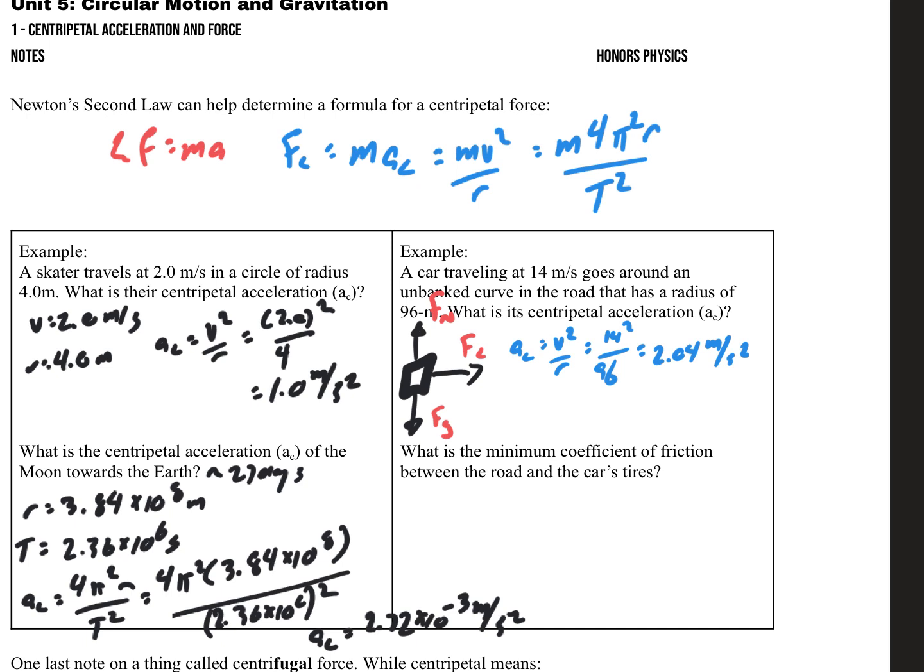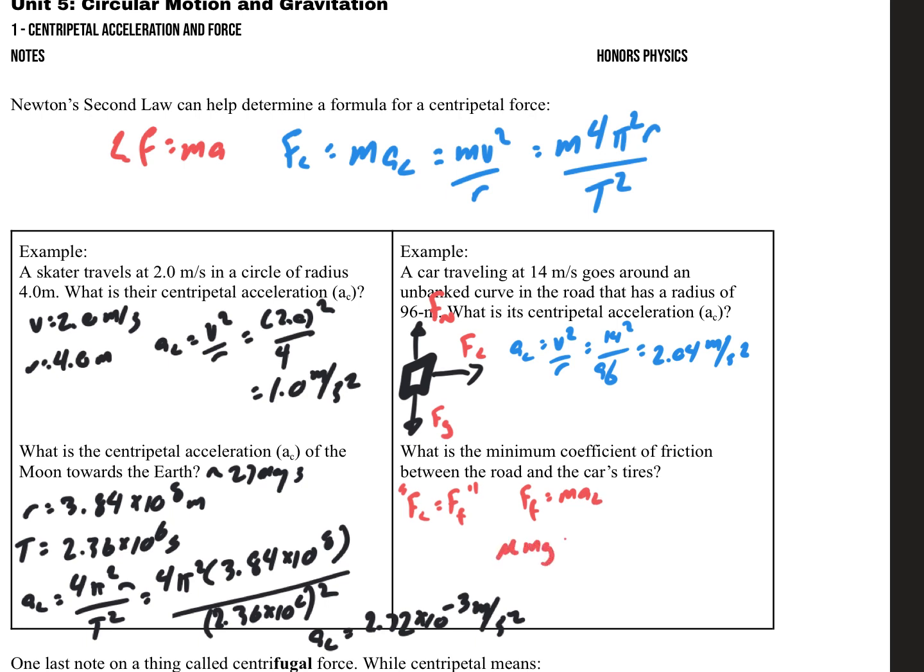Now the second question is how we incorporate the force here. What is the minimum coefficient of friction required between the road and the car's tires to keep the car on the road? One of the things you have to realize is that the centripetal force and the friction force are the same thing here. That's the thing keeping the car on the road, so the friction force is providing the centripetal force. So I can say the friction force, mu mg, is mass times the centripetal acceleration.